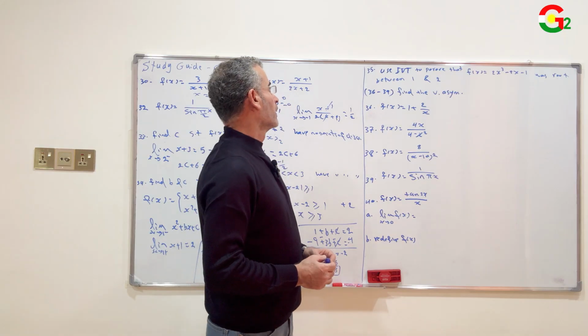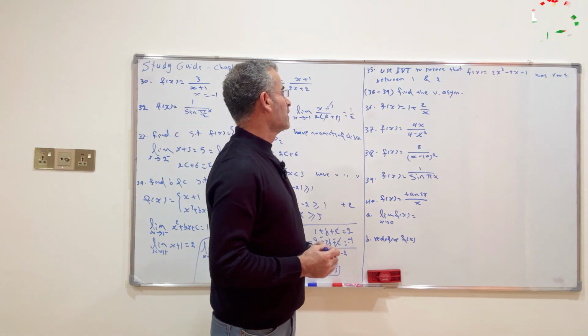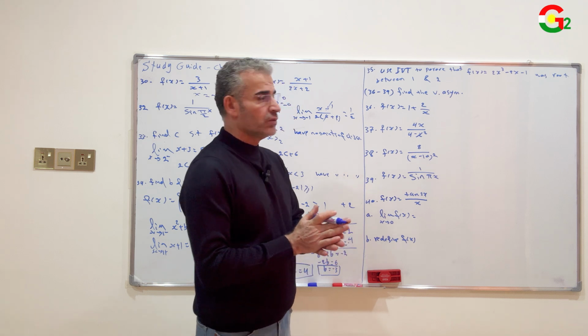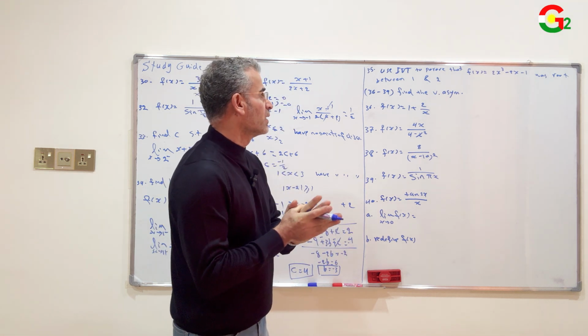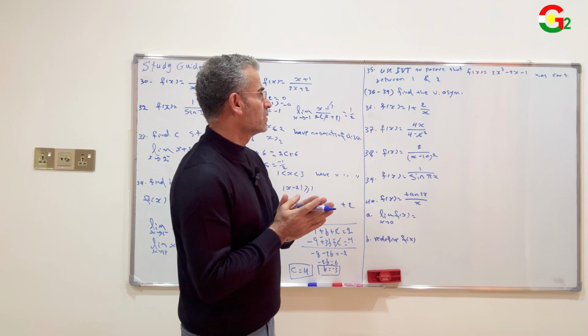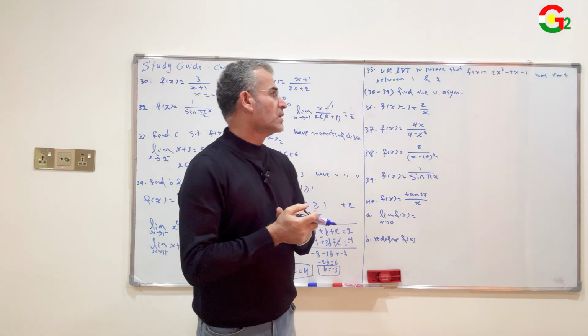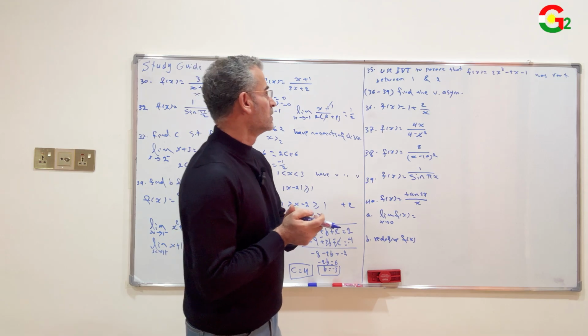Question number 35. Use the intermediate value theorem to prove that the function f of x equals 2x power 3 minus 2x minus 1 has a root between 1 and 2. The function is continuous, therefore the first condition is satisfied.